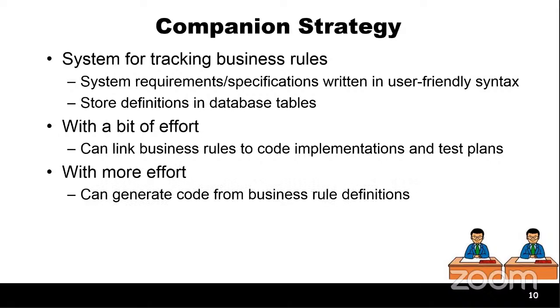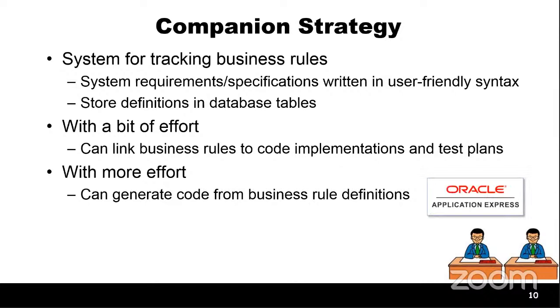With a little more effort, you can have a system that generates code from the business rule definitions. And this means you've got to have some kind of machine readable syntax, something that you can parse out and say, if this statement's written this way, we're going to actually create some PL/SQL code that does this, with if-then-else statements or with queries or whatever. So that's a little bit more effort.